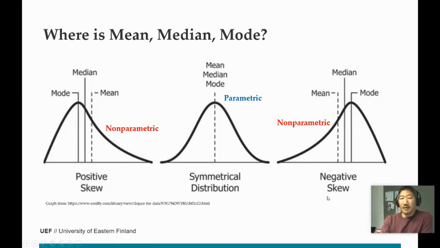And when the graph is skewed to the right, it is called a negative skew, and the mean comes first, then the median, and the mode comes last. So you can probably see the differences between the parametric and non-parametric data sets based on this distribution of the data, and check the mode, median, and mean.